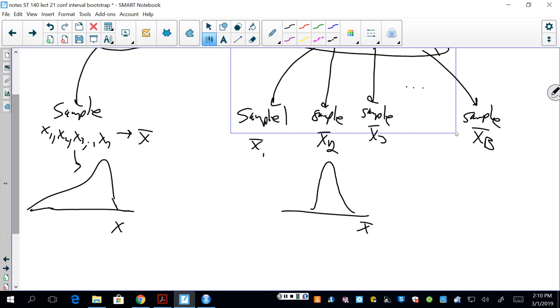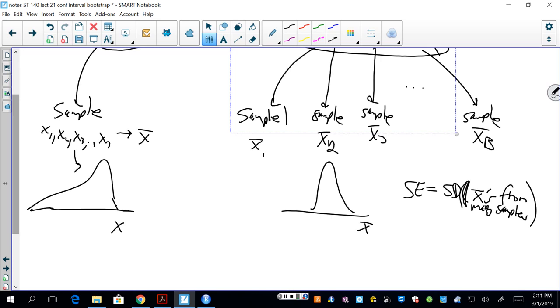The standard error of x bar is just the standard deviation of all those values from different samples. If you made a histogram of those, you'd get some curve, and the usual standard deviation of it would be our standard error, expressing the uncertainty or variability in our sample averages.